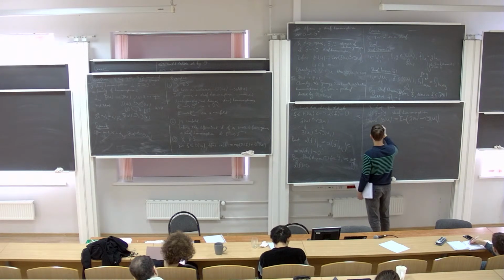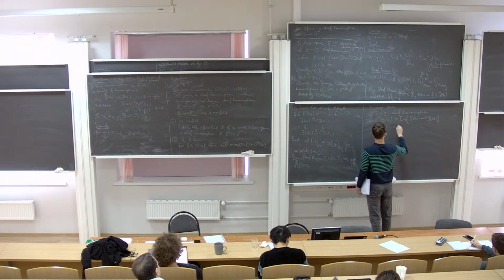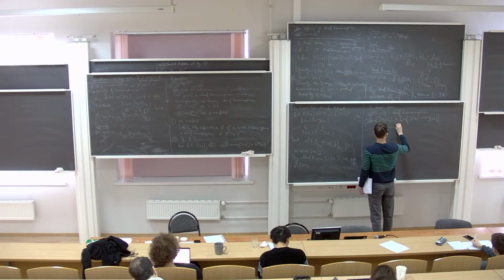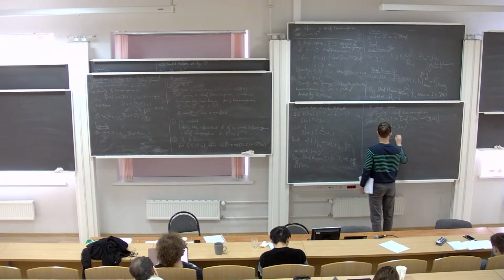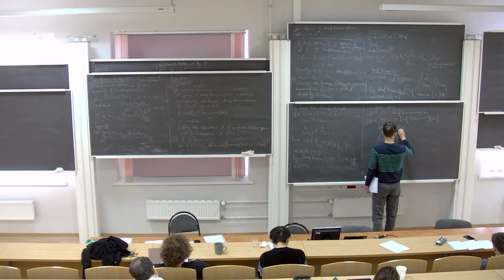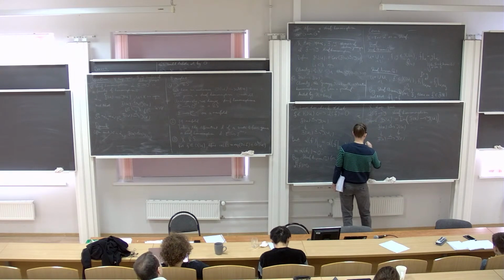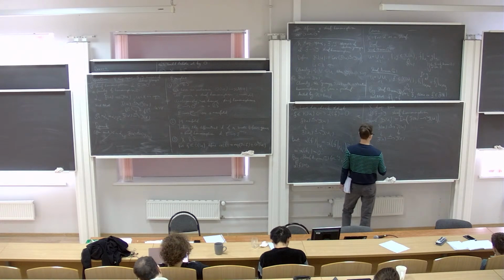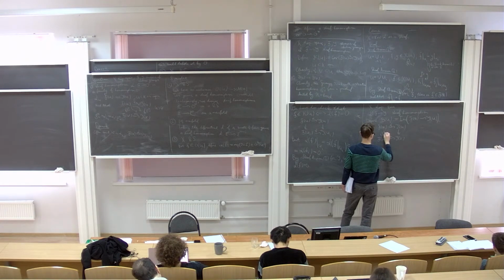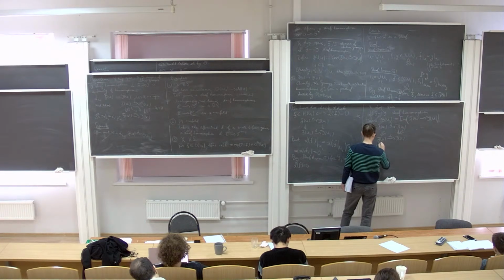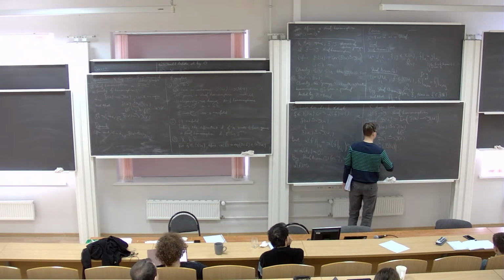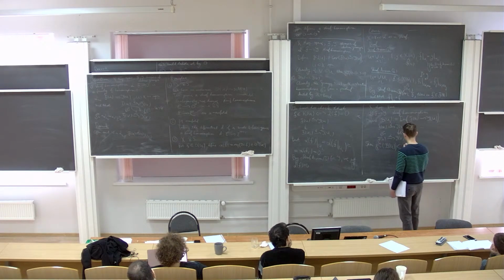With the restriction homomorphism rho U V, B(U) is inside B(V).